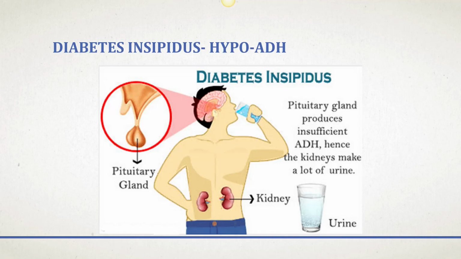Diabetes insipidus. Diabetes insipidus doesn't have anything to do with the pancreas or insulin. What diabetes insipidus is, is hyposecretion of antidiuretic hormone. And with this one, if you're not producing enough antidiuretic hormone, remember antidiuretic hormone makes you keep water in the body. What's going to happen is you're going to start peeing a lot.